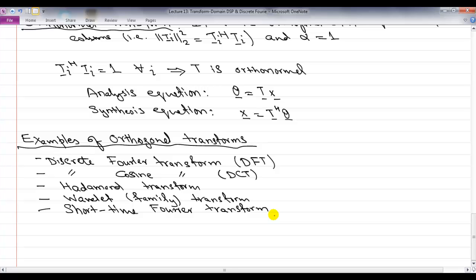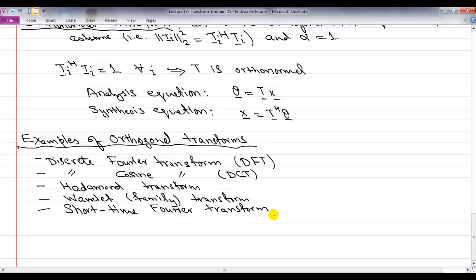In recent years, actually non-orthogonal transforms are gaining more and more traction, studied under, for example, frame theory. So we won't even go near the non-orthogonal transforms, but just trying to point out to you that it's not as if the world of transforms ends at orthogonal transforms.